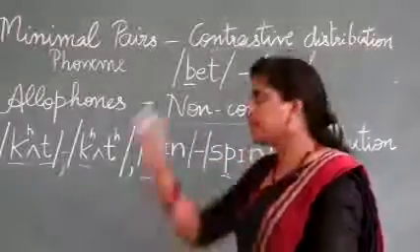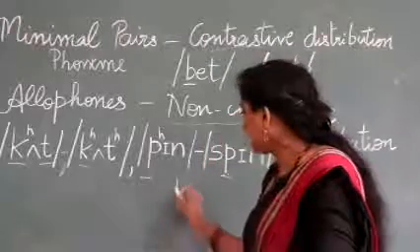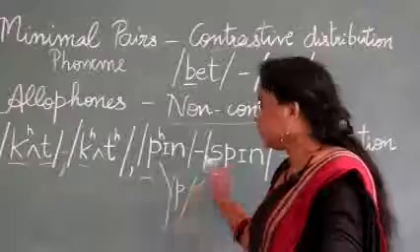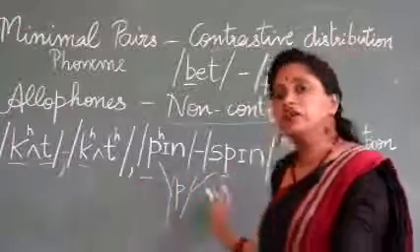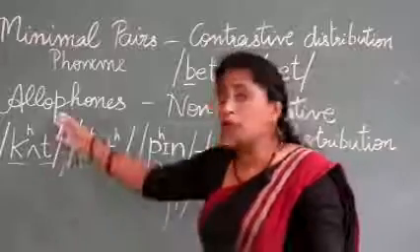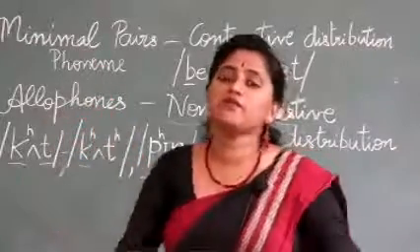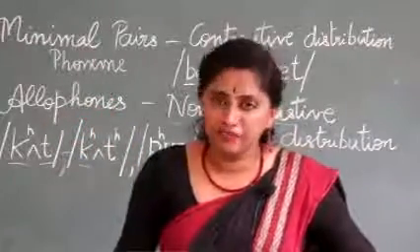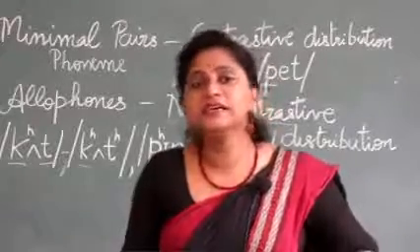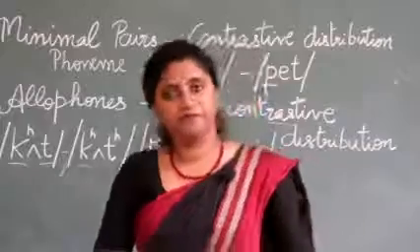Phonetic realization of the same phoneme p. One is aspirated, the other one is unaspirated. That is called allophones. So what are allophones? Different concrete phonetic realizations of the same phoneme.